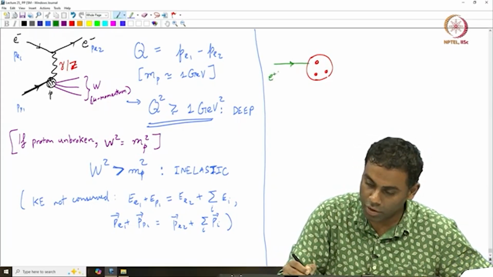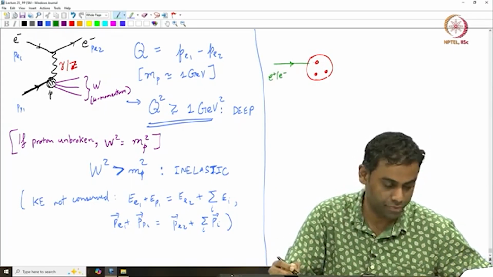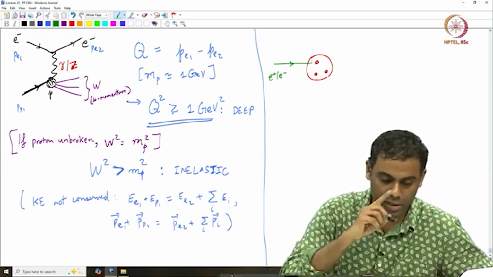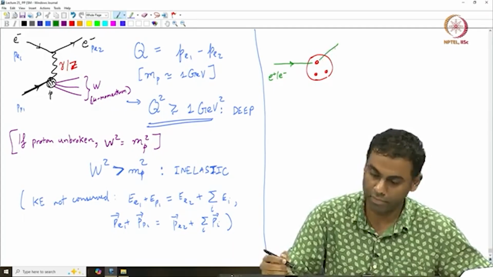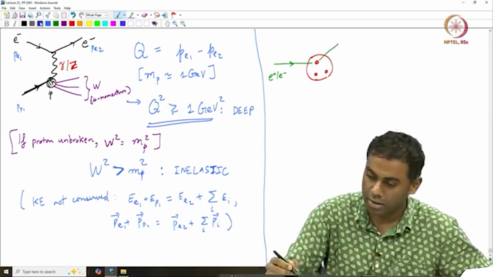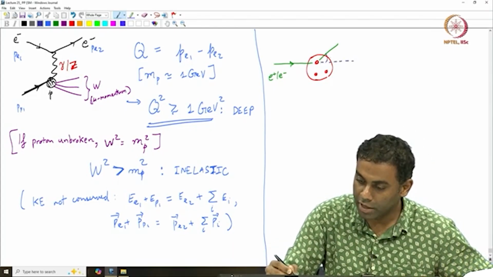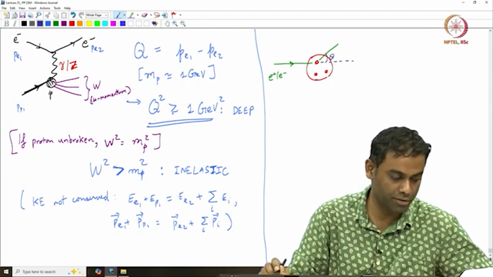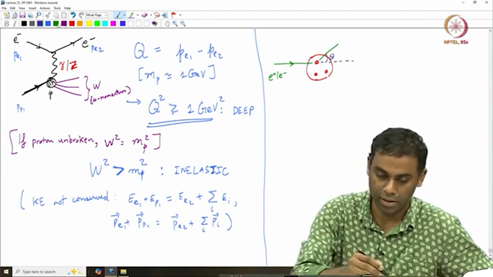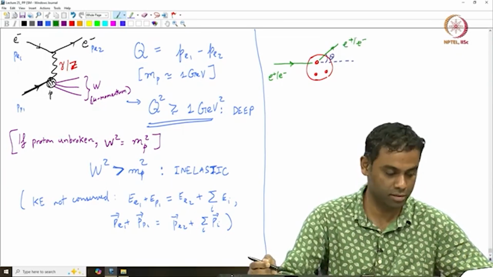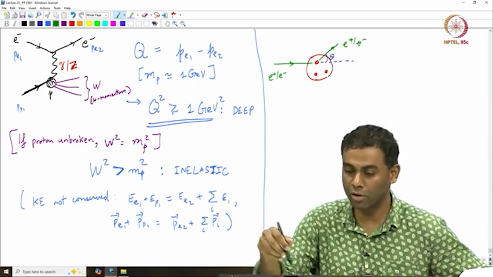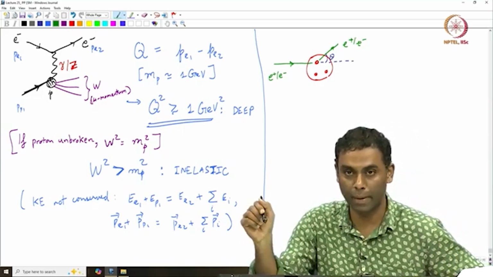This could be either an electron or a positron, and it hits some constituent and flies off at some scattering angle in the lab given by some theta. Again the electron or positron still remains intact. I have not drawn the final state proton, it basically breaks up.